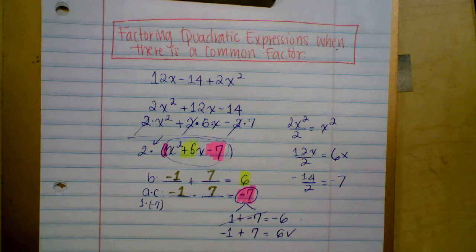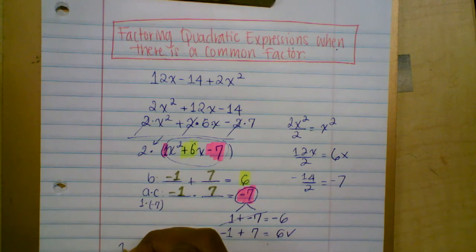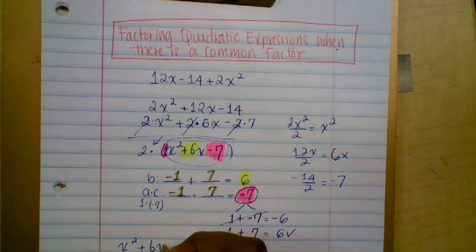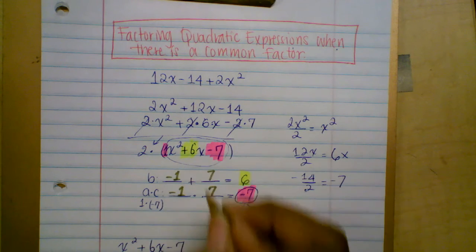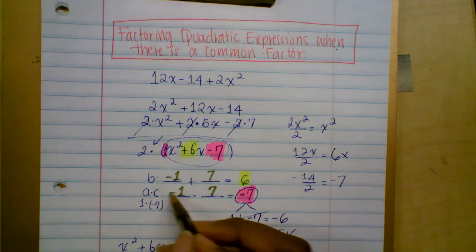So what are you going to do next? The next step is to rewrite x squared plus 6x minus 7 by replacing the middle term with the two found numbers.